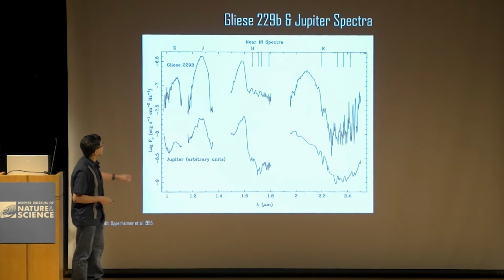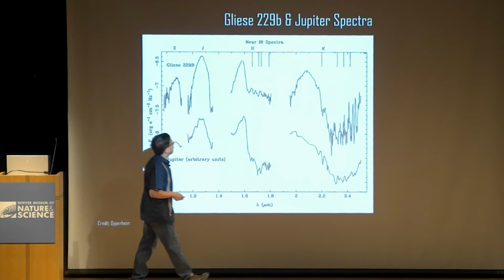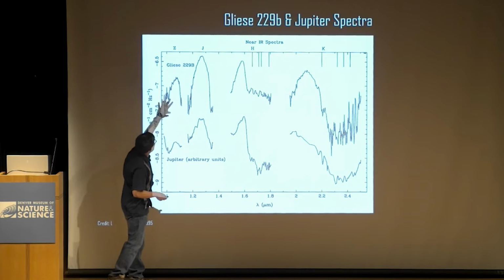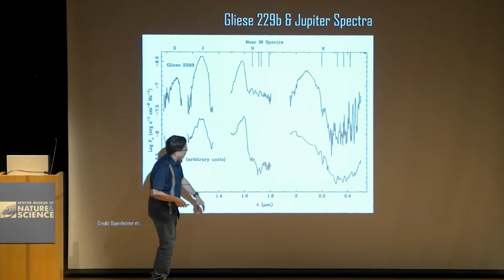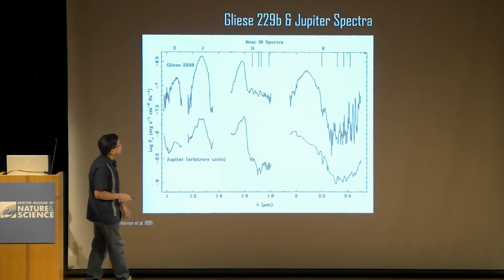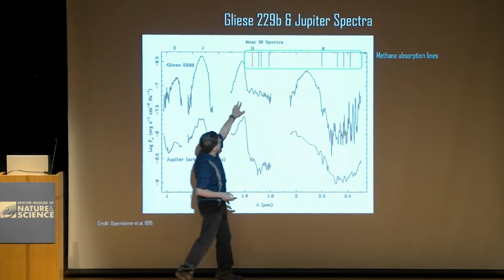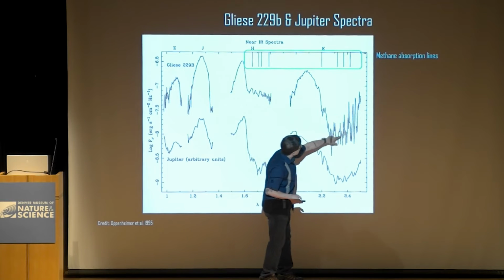And so in this case, this top line, or set of lines, are from Gliese 229b, and this part of the spectrum is roughly in the optical, and the rest of this is towards the infrared. And what they identified is that there are a bunch of features here. You can see these dips, and there are also dips here.